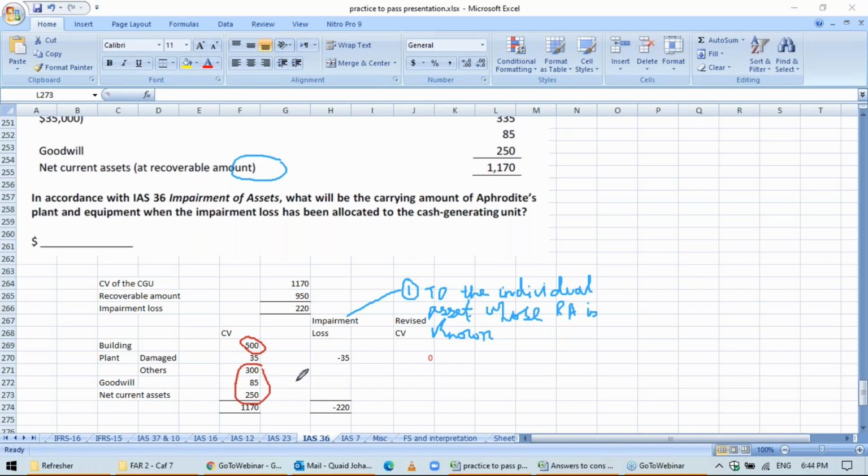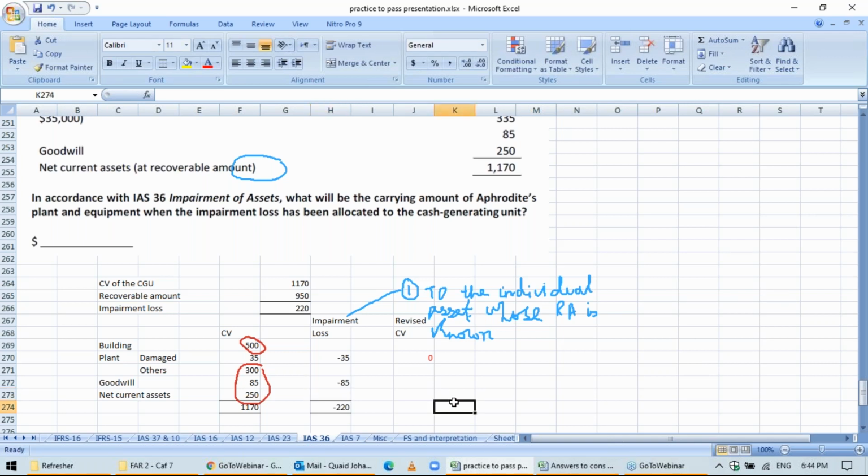The first turn will be of goodwill to allocate the impairment loss. So first of all, I will deduct the impairment loss from the goodwill, and I will try to deduct the maximum amount from the goodwill. I try to write off the goodwill as much as I can, right? Can I deduct 85 from the goodwill or not? I have plenty of loss. I have 220.